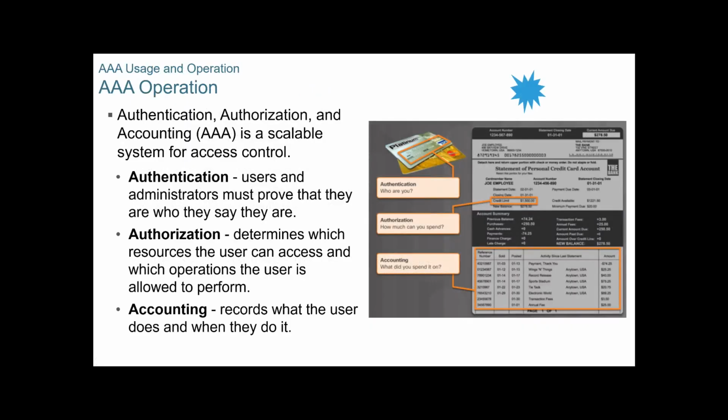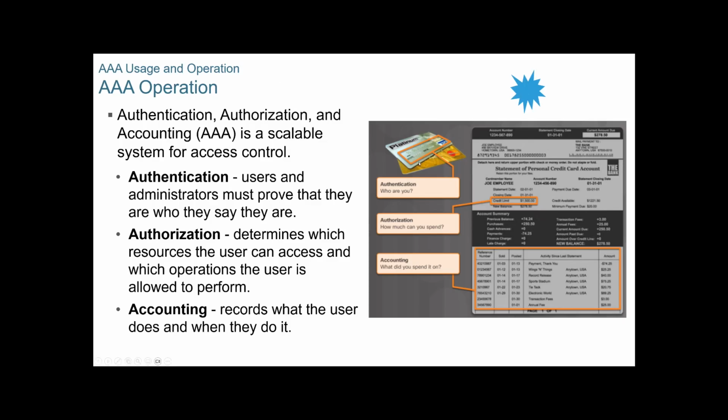Then the curriculum talks about, and I'm not going to cover nearly what the curriculum covers in Chapter 19, AAA, which is a scalable system. Students sometimes have trouble understanding the difference in these. I assume you all know them. Authentication is you have to be who you say you are, so there has to be some kind of ID.